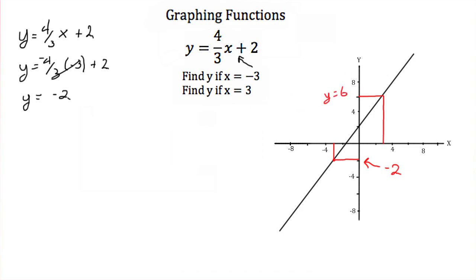So let's plug that in again and check our work. If we have y is equal to 4/3 x plus 2, and we plug in 3, this does indeed equal 6.